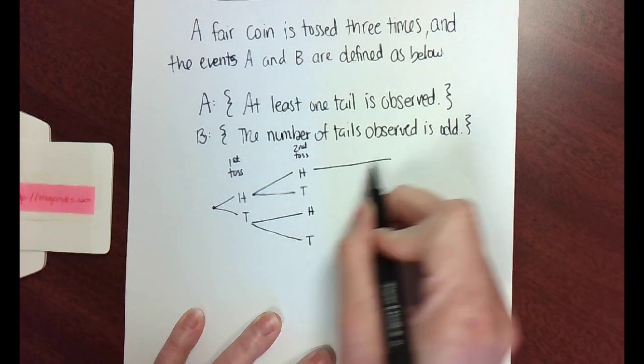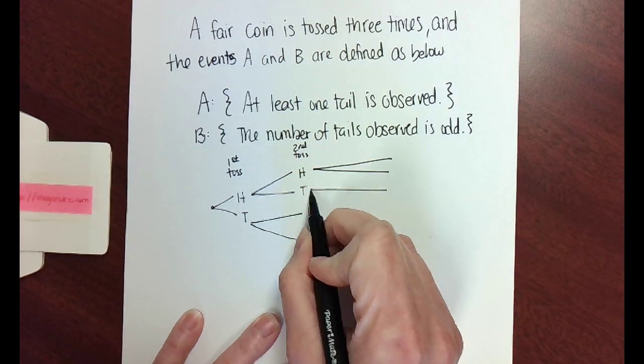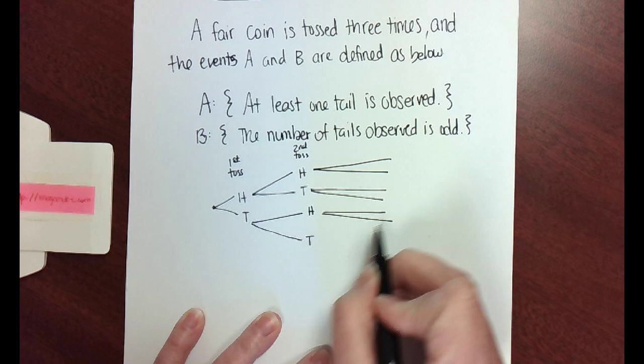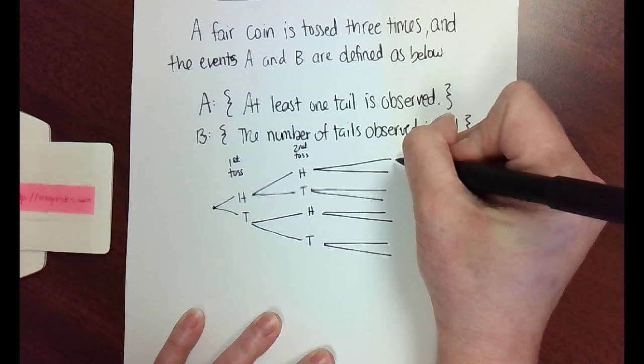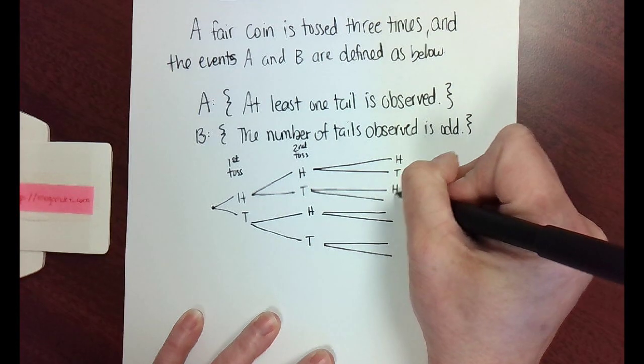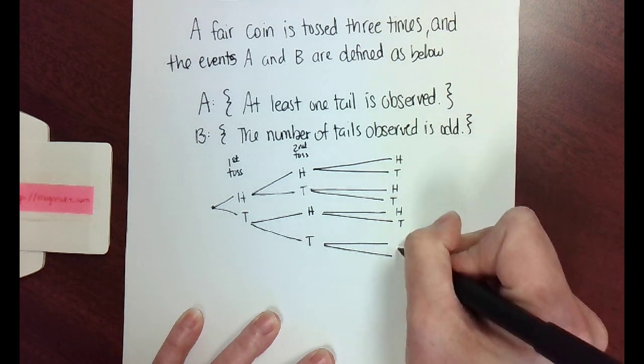And then for the third toss, you can have heads and tails, heads and tails.